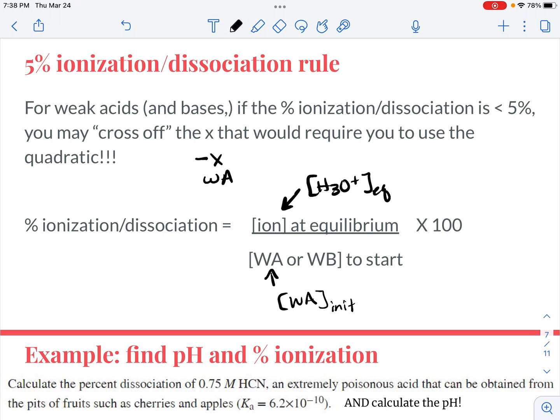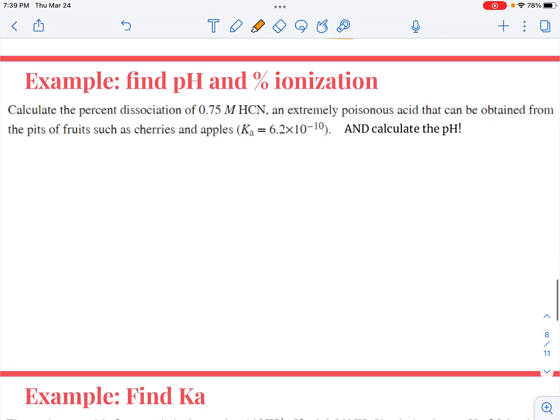So it's basically how much did it dissociate compared to what you started with, times 100 to make it a percent. And if it's less than 5%, then you can cross off the X, which you would have already done. You can leave it crossed off and know that your answer is okay. If it's more than 5%, then you would have to put the X back in and use the quadratic to solve. All right, so let's do a few.